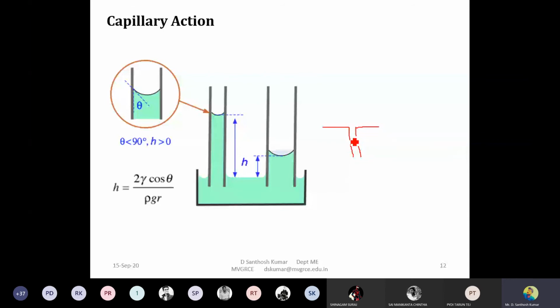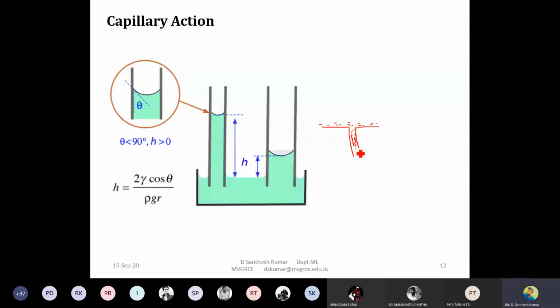If you consider this one a crack, and you spread any liquid over it, then obviously because of the surface energies, the liquid will simply be drawn into this discontinuity or flaw.